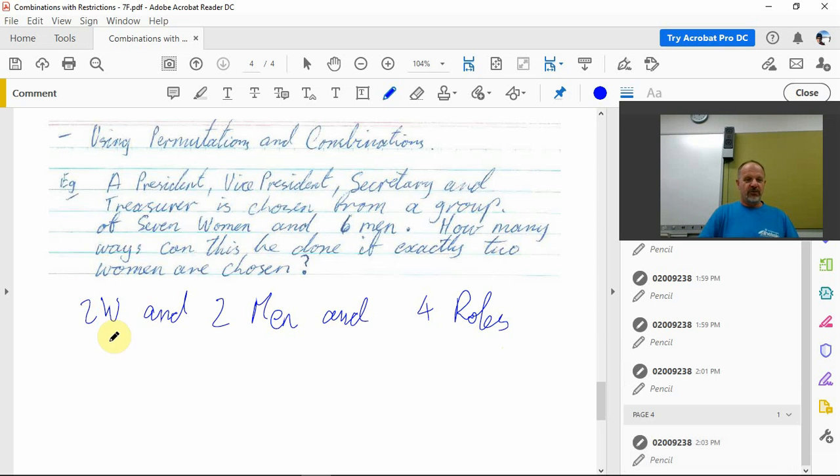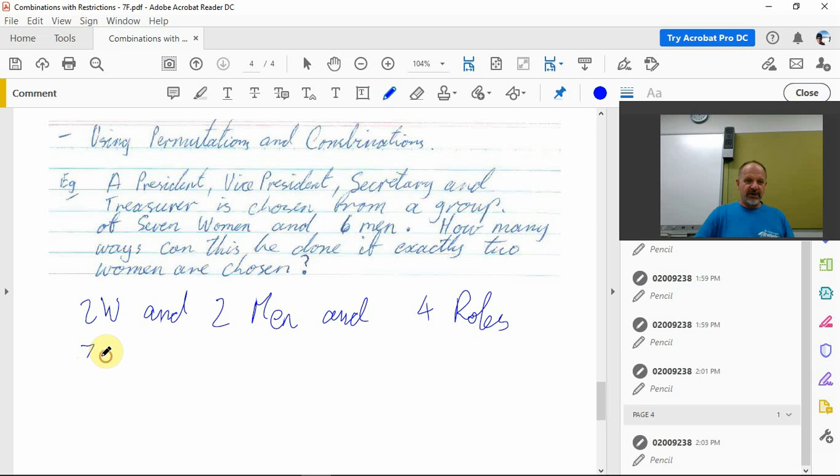Now it doesn't say that when we're saying 2 women are chosen, those women have to have specific roles. So they could have any role. What role they have is, in this case, not important. It becomes important later when they take up those roles, but it just says that they're 2 on the committee. Any 2 of those roles is filled by people. So order is unimportant for that.